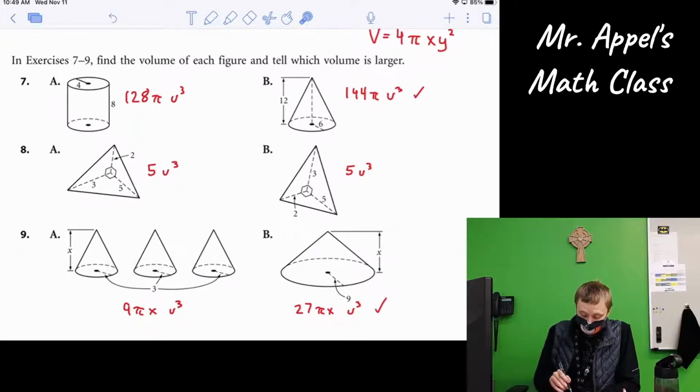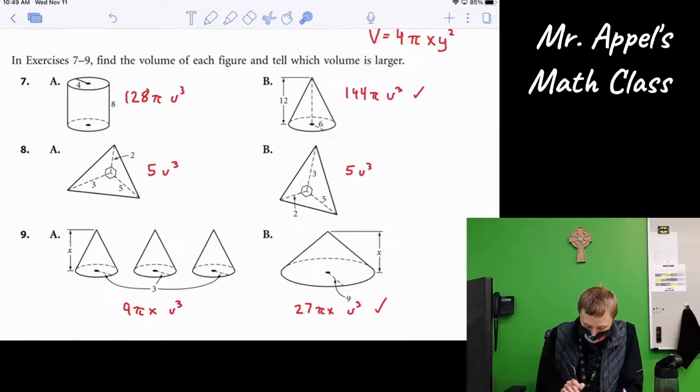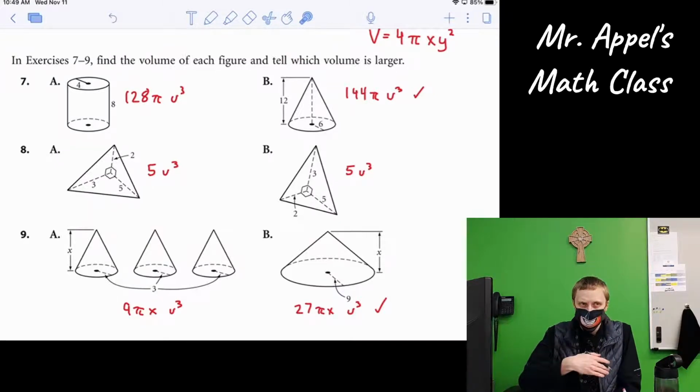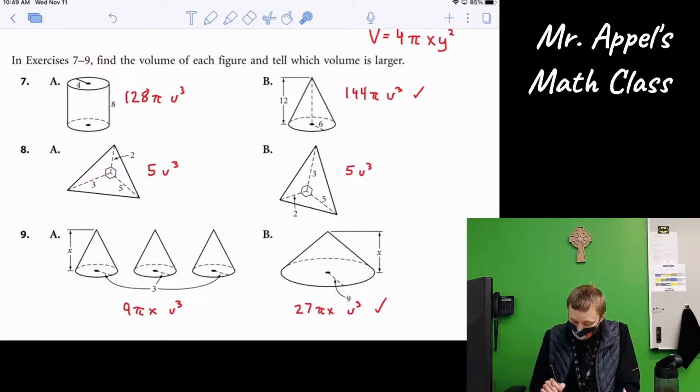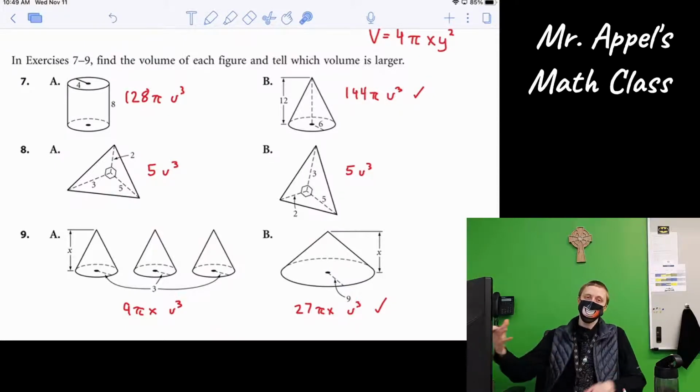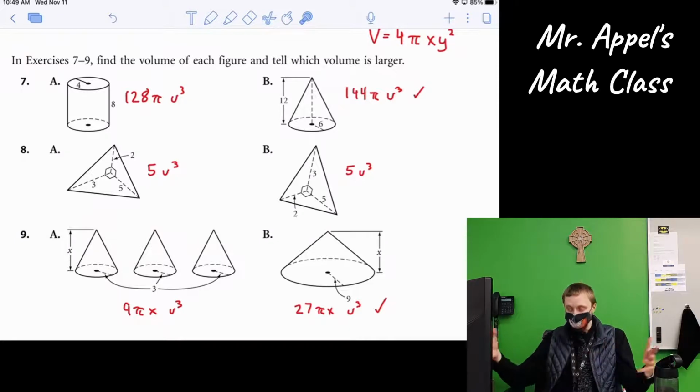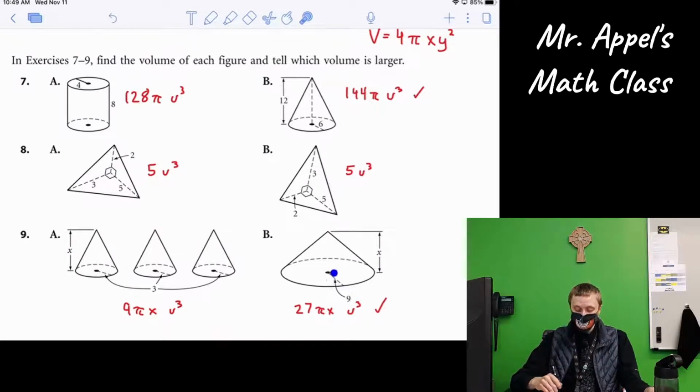And then number 9, this is the most interesting. The 3 separate cones versus one great big cone. Because notice my radius on each of these cones is 3, and I have 3 of them. So 3 radii would be 9, 3 times 3. So I have one big cone with that whole radius, 9. What happens if you were to combine them all and make one great big one that seems to be the same size?